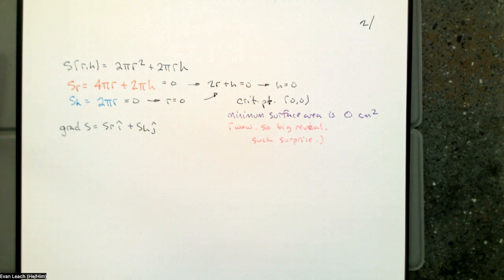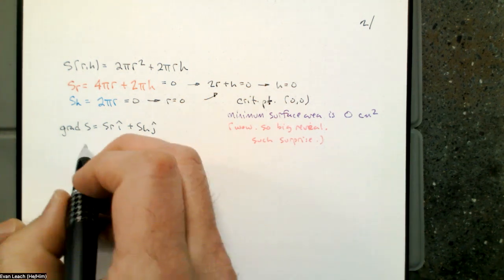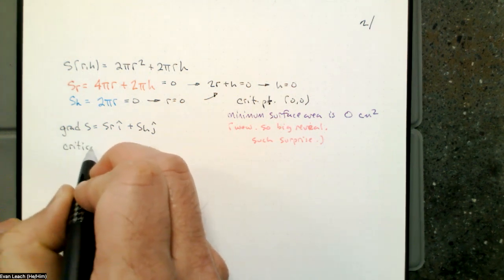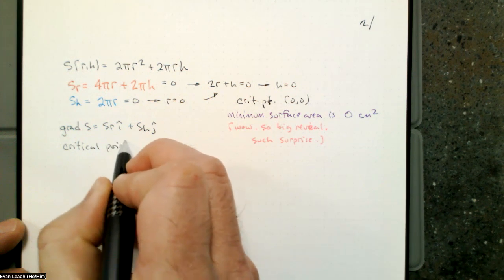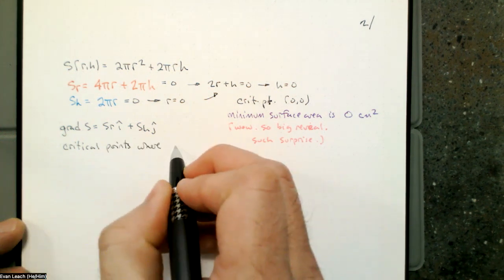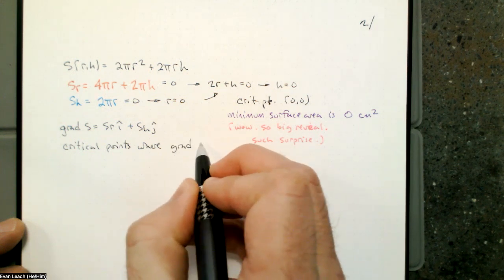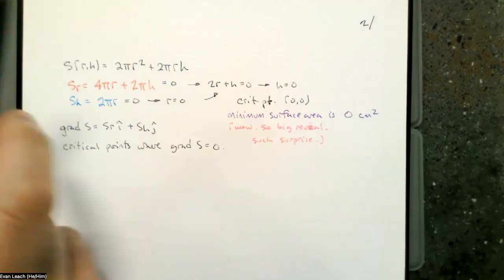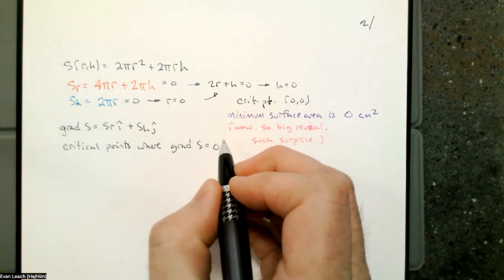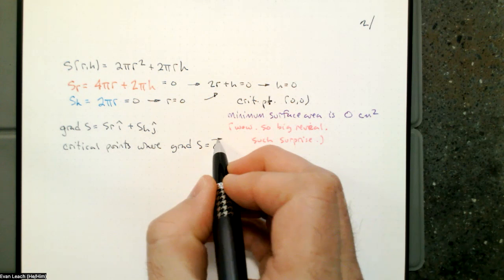We're looking for points where the gradient is equal to 0. The gradient is going to be a vector, so this is the 0 vector.